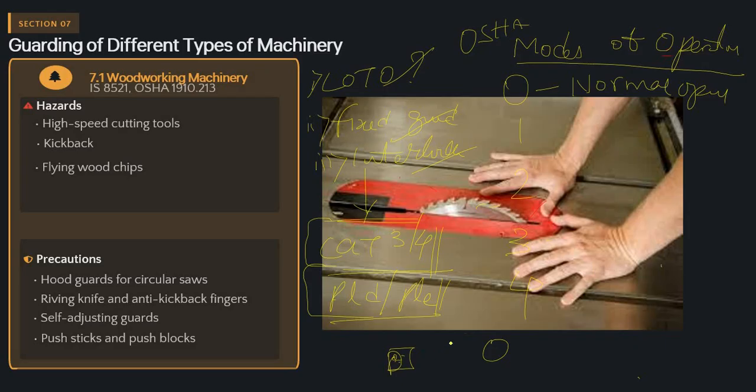You are not at all exposed to the machine. That is normal operation, mode 0. Here there is no interaction with the hazard. And mode 1 is like a minor intervention, but partial body.